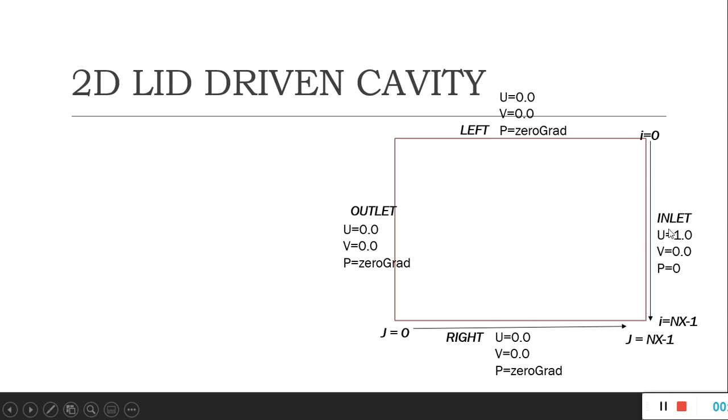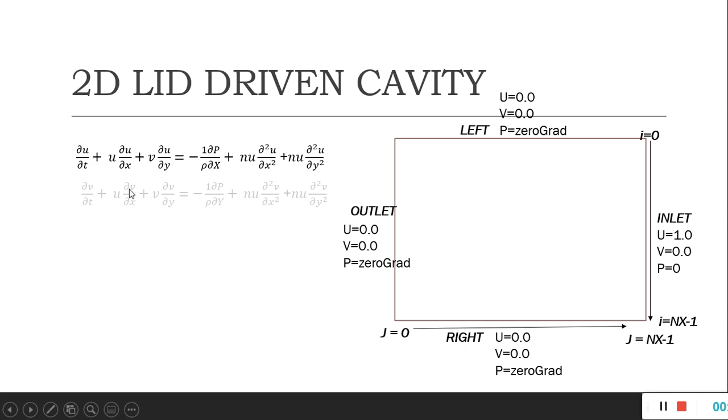So at the inlet we have a value of 1.0 for the u velocity, v is 0 and p is 0. Everywhere else u and v are 0, and p has a zero gradient boundary condition. So we apply zero gradient boundary conditions for p at the left outlet, or you can call it bottom, and the right.